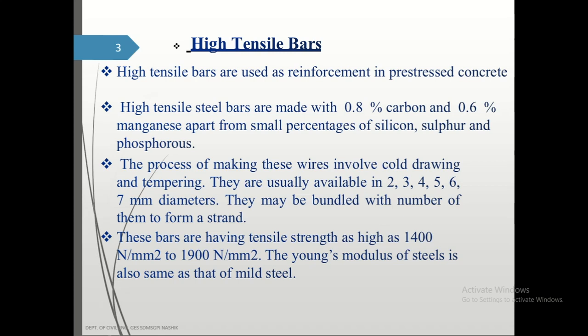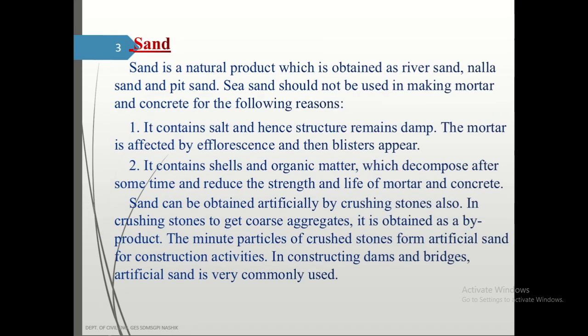They are usually available in 2, 3, 4, 5, 6, 7 mm diameters, and they may be bundled in a number of bars to form a strand. These bars have tensile strength of 1400 newton per mm square to 1900 newton per mm square. You can see that such high strength we get by using high tensile bars. And the Young's modulus of steel is the same as mild steel.